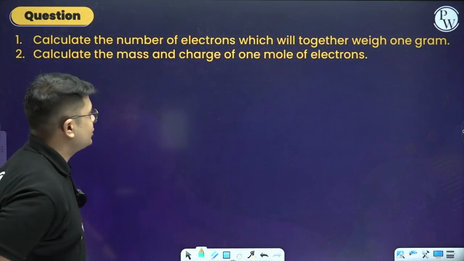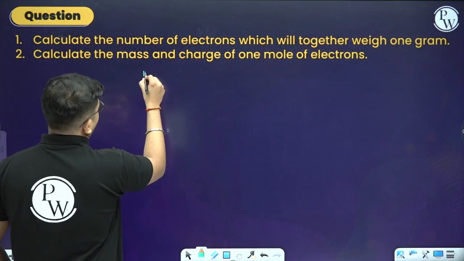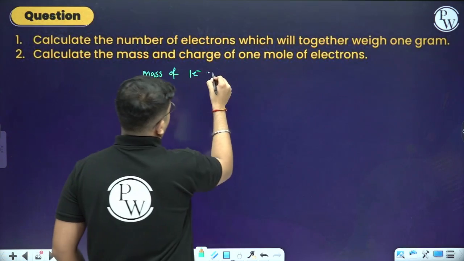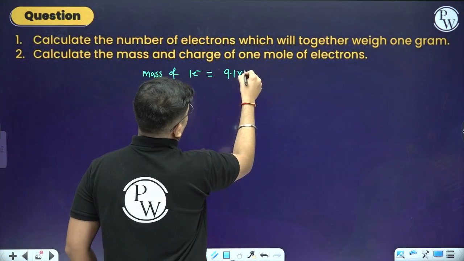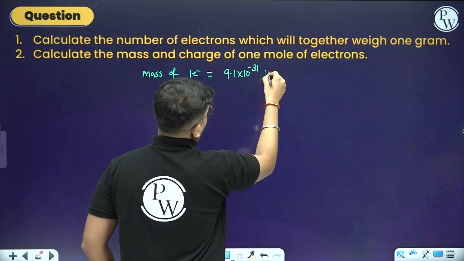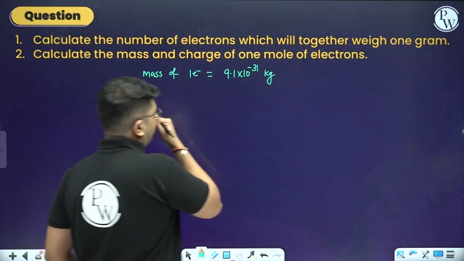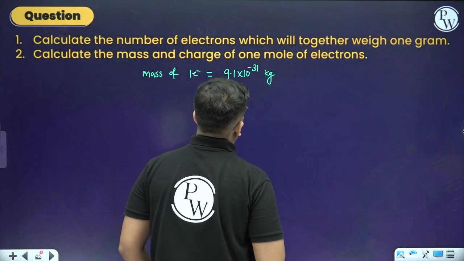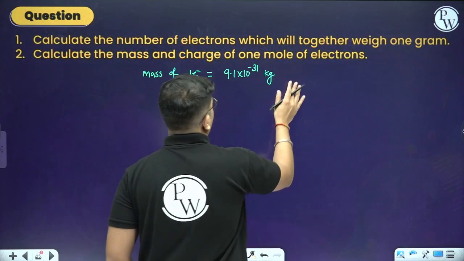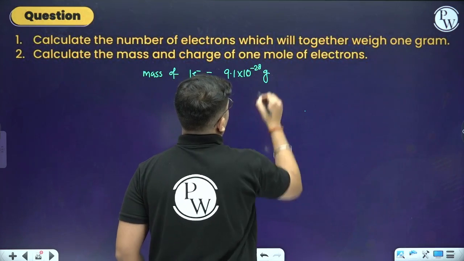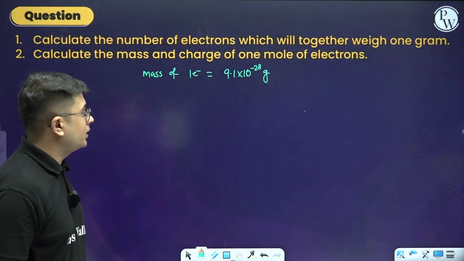A very interesting question. The mass of one electron is basically 9.1 multiplied by 10 raised to the power minus 31 kilogram. Or, if I want to convert this into grams, that will be minus 28 grams. That is the mass of one electron.